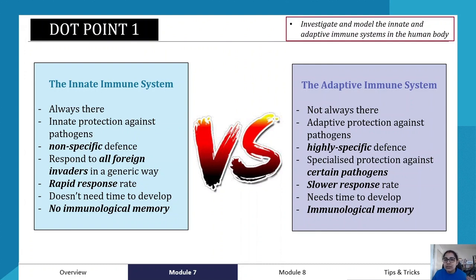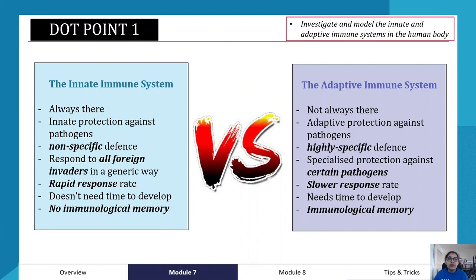It is a highly specific defense, so it's going to react differently to different pathogens. There is specialized protection against certain pathogens as well. Slower response rate though, because it needs time to determine what it's going to do and how it's going to do it. You're going to find that out in a second when I go through it. And it needs time to develop, and there is immunological memory.